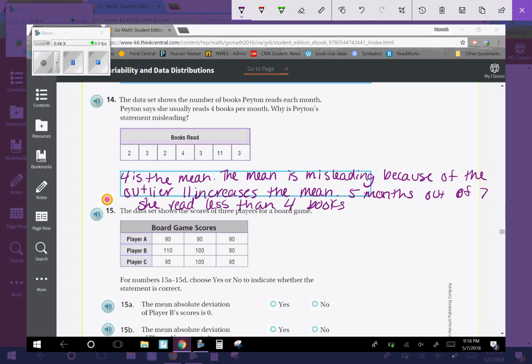Okay, so when we look at this, that was less, that was less, that was less. Here she met her goal, this one was less, here she met her goal, and this one was less. So one time she read a lot, which made that whole mean seem like she could say she read 4 books per month, but she did not.